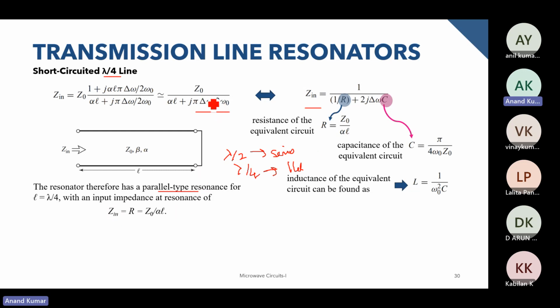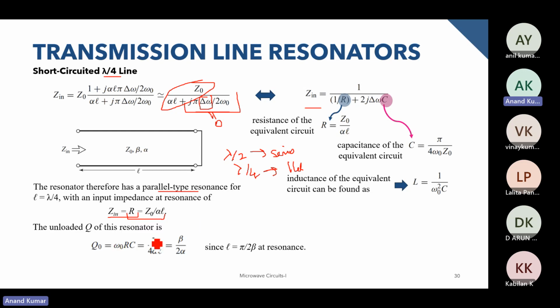When delta omega is equal to 0, the imaginary term goes away, and we have only the real part with us. Similar to a parallel type resonance, the input impedance becomes the resistance, which is equal to Z naught by alpha L, and the quality factor is given by omega naught RC.